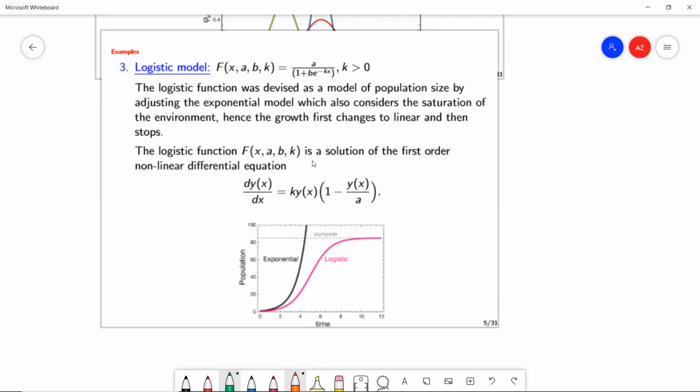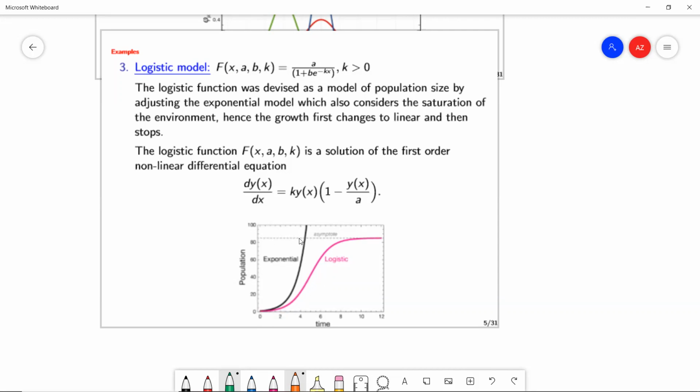And it turns out that the solution of this differential equation is this one, a over 1 plus b e to the power of minus kx. And this is called a logistic model. And this is the graph of some logistic function. So at the beginning, it's exponential.